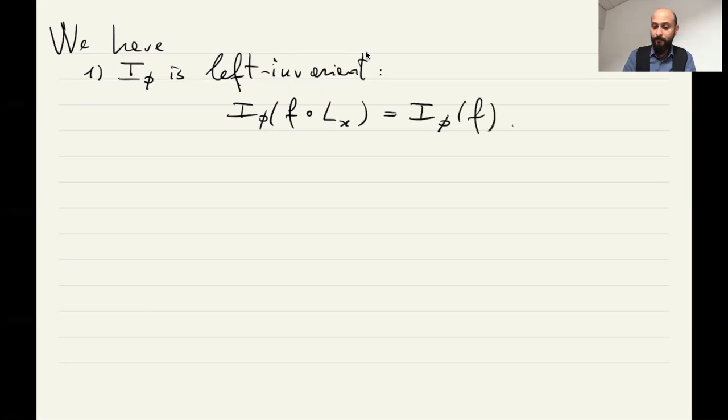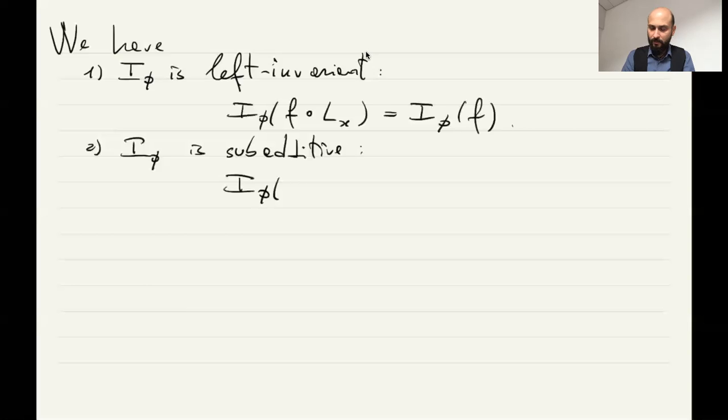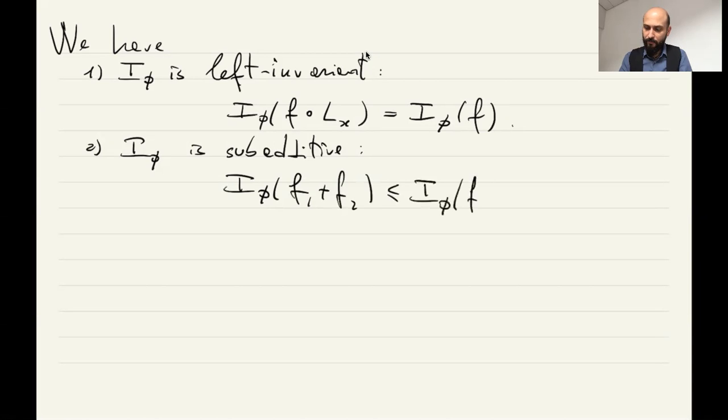And we should pay attention, we should not call it an operator, because it is not linear, but in general it is subadditive. This we proved in the previous video: I of f1 plus f2 is less than or equal to I of f1 plus I of f2.